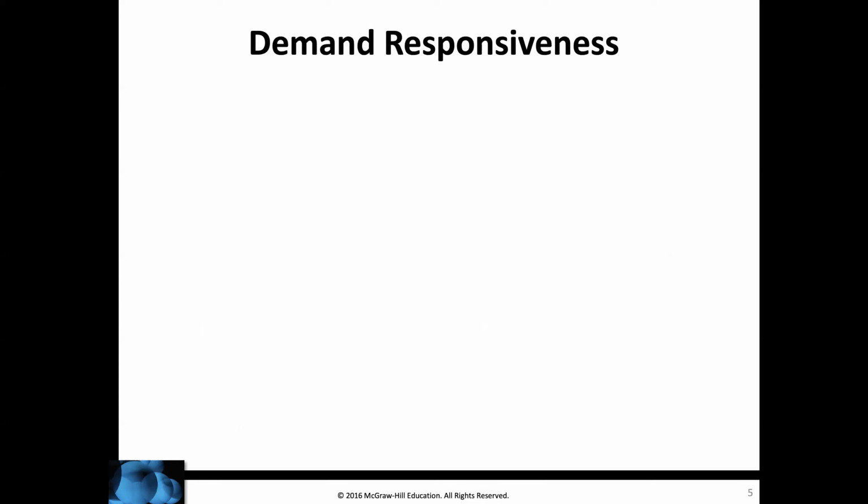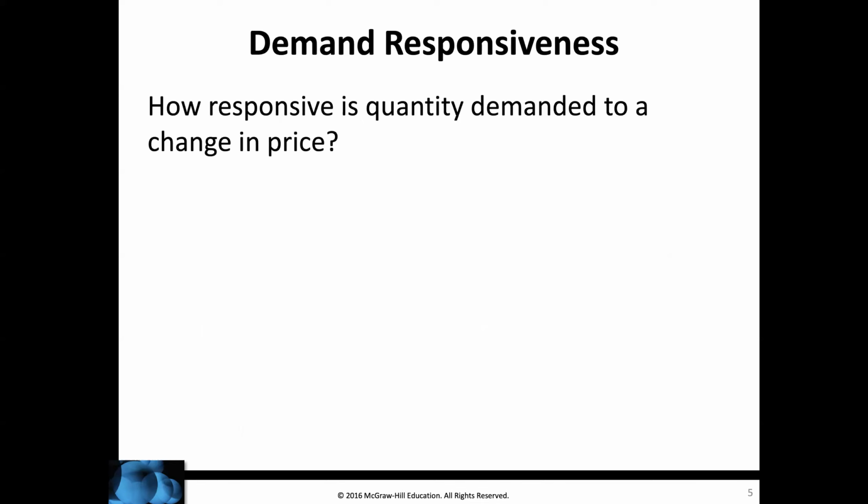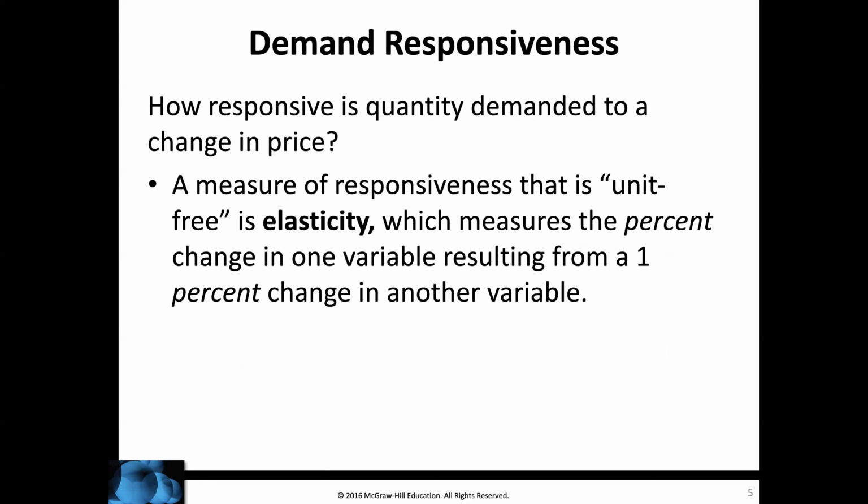Now let's talk a little bit about demand responsiveness. How responsive is quantity demanded to a change in price? And there's a key concept here of elasticity. A measure of responsiveness that is unit-free is elasticity, which measures the percent change in one variable resulting from a 1% change in another variable.